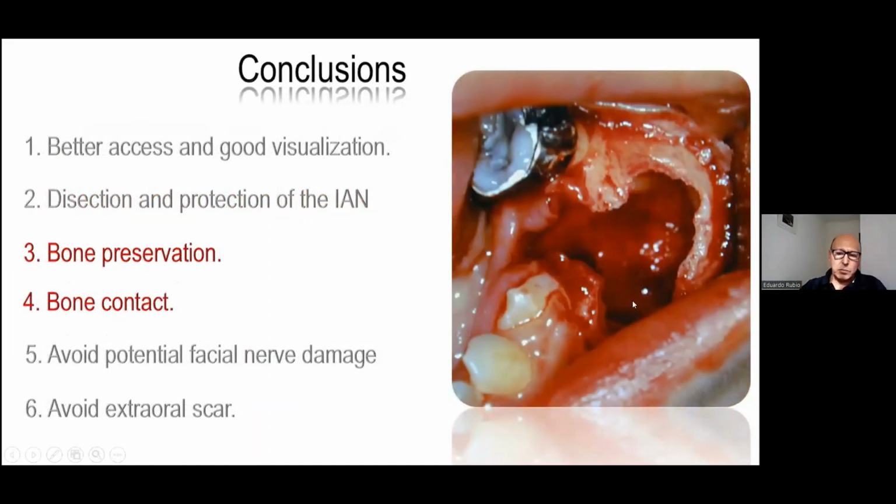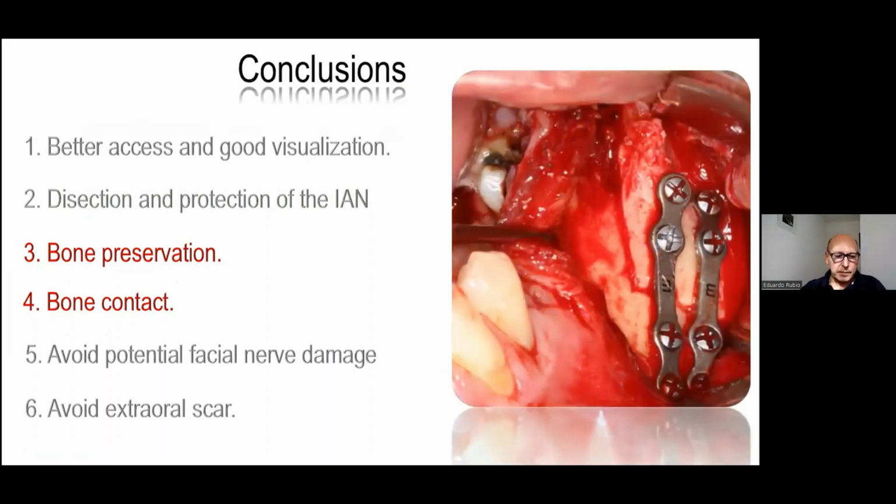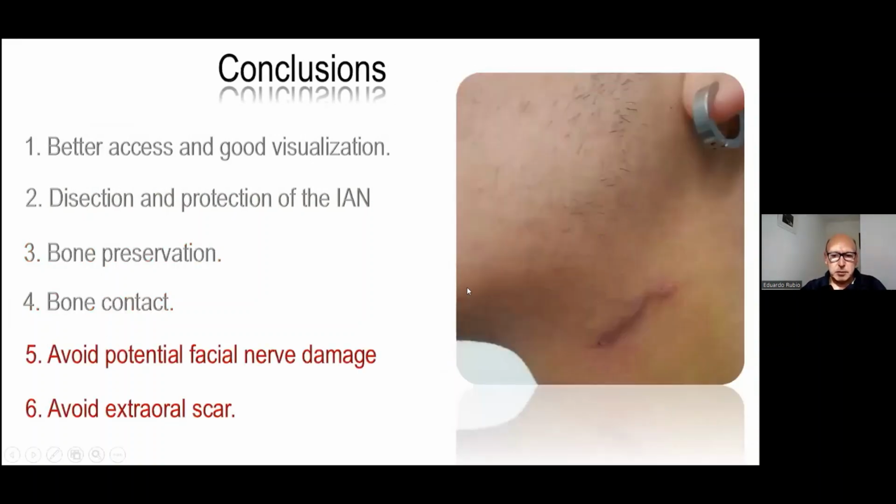And since you maintain all the bone, the buccal cortical and the lingual cortical, you preserve bone contact and you don't need to fill it with any material. And as you work inside the mouth, you avoid potential facial nerve damage and the appearance of a bad scar in the neck.